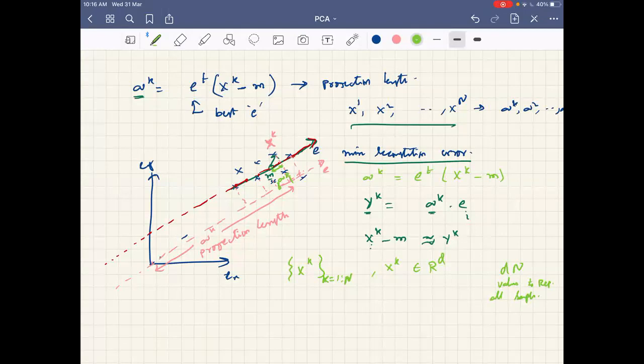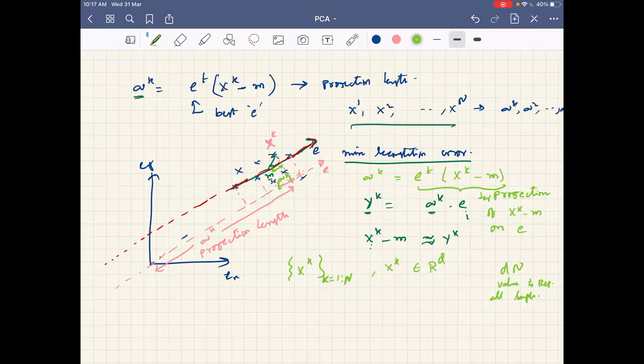AK, as we have noted here, is xk minus M, projected on E. This expression shows the perpendicular projection of xk minus M on E, and that is AK.